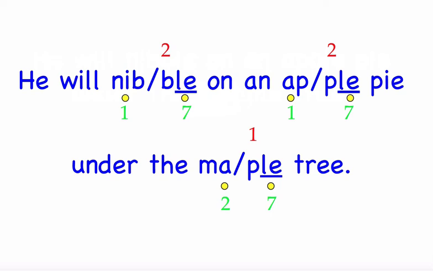Sentence 9. Let me tell you a simple riddle about my uncle. Let me tell you a simple, sim, 3 sounds, S, I, M. Pull, 2 sounds, P, ul. Simple. Riddle, rid, 3 sounds, R, I, D. Dull, 2 sounds, D, ul.